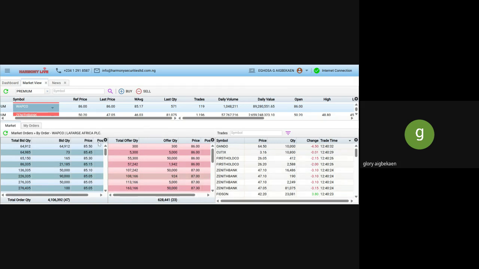So that tells you that something is happening in this space. Something certainly is happening in this space. Let's just wait and see. For some accounts I manage, I bought Lafarge for them at 86. That's what I bought. Let's just wait and see what happens.